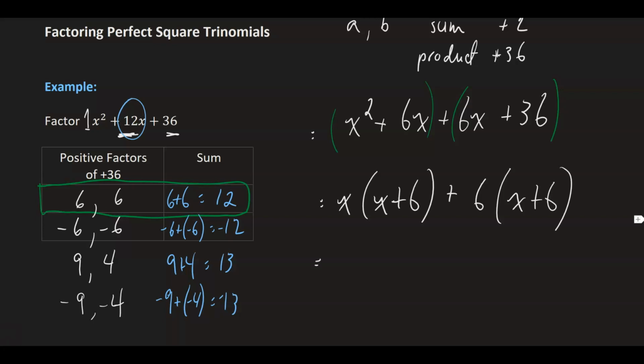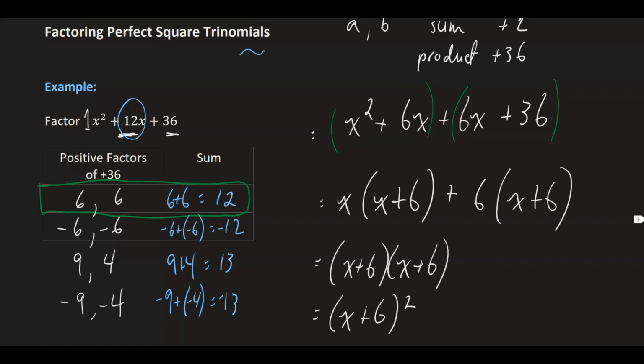Now this turns out to be (x plus 6) times (x plus 6), which is (x plus 6) all squared, which is the reason why it is a perfect square trinomial when it is expanded out. Okay, so that happens sometimes.